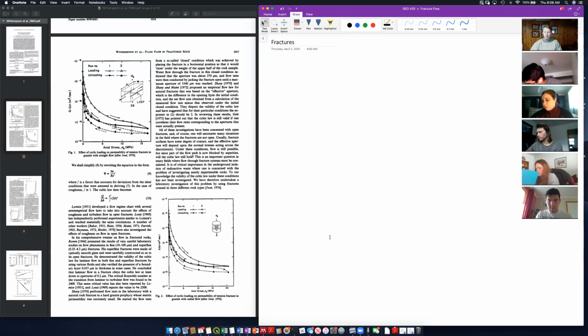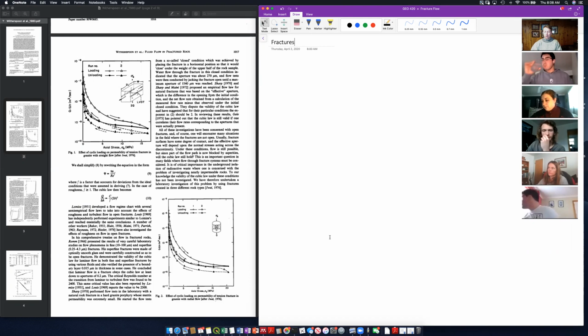And the reason is that the hydraulic conductivity varies massively between the fracture and the adjacent rock, and that these fractures are sort of randomly oriented, and it's very hard to know where they are, how many fractures we have, and what sort of connections they have.